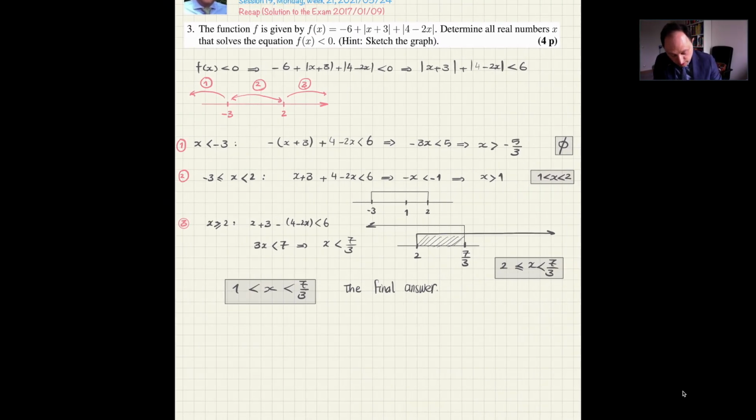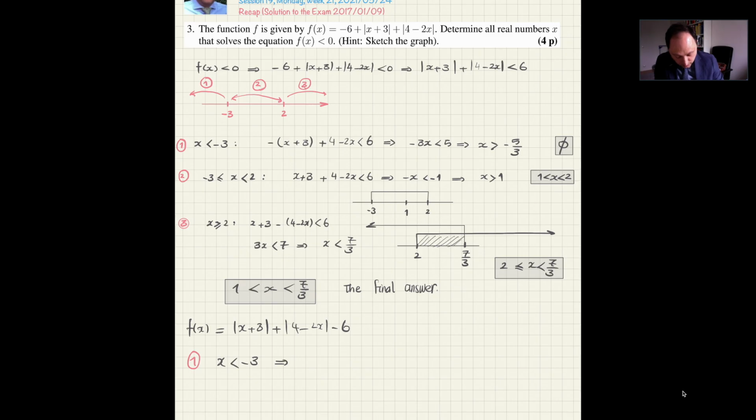So for example, if you want to draw it, let me write the function here. f(x) is equal to the absolute value of x plus 3 plus the absolute value of 4 minus 2x, minus 6. Of course, you need to do the same things: first, you consider x less than minus 3.